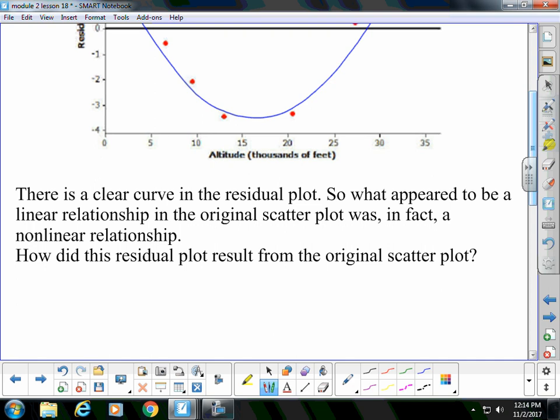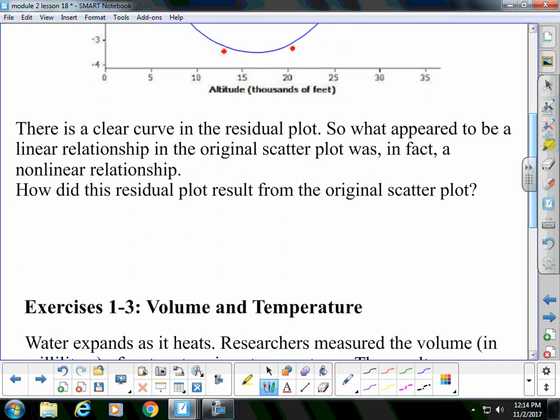How does this residual plot result from the original scatter plot? So how have we been doing? How have we been finding the residuals? So to find the residuals, we first find the predicted values. Well, I guess let's back up.